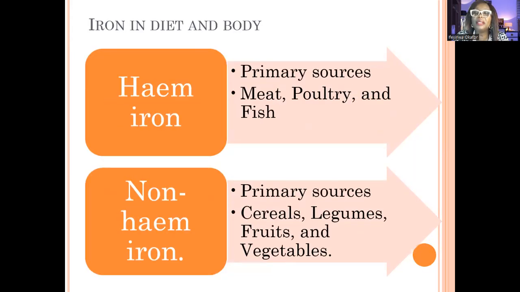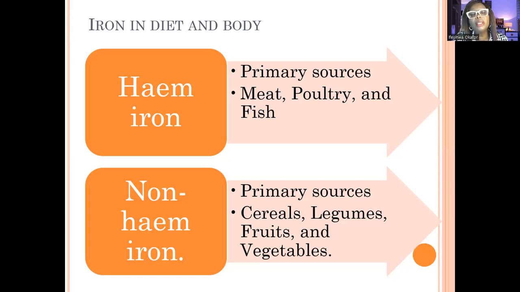The food that we eat contains two forms of iron, the heme iron and the non-heme iron. The heme iron is primarily found in meat, poultry sources, and fish, while the non-heme iron is found in cereals, legumes, fruits, and vegetables.